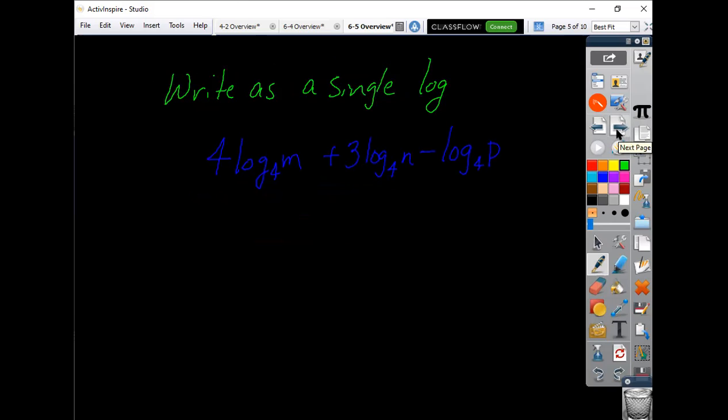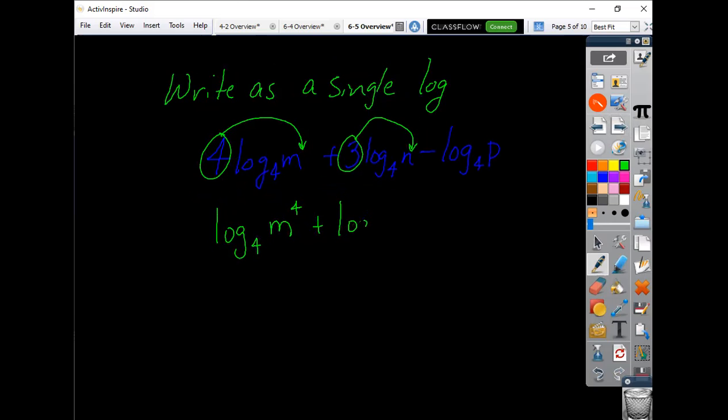Combine these back together into a single log. So the first thing, take this coefficient out here and put it up in your exponent, the power rule, on each of those. So I've got log base 4 of m to the 4th plus log base 4 of n to the 3rd. That coefficient goes up in the exponent.